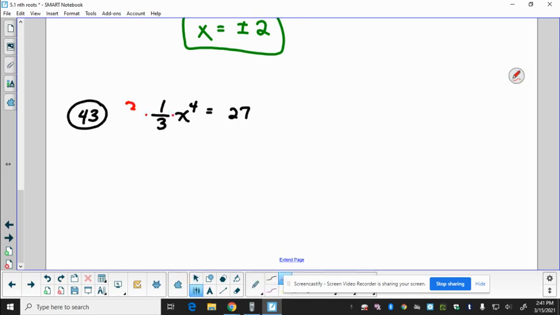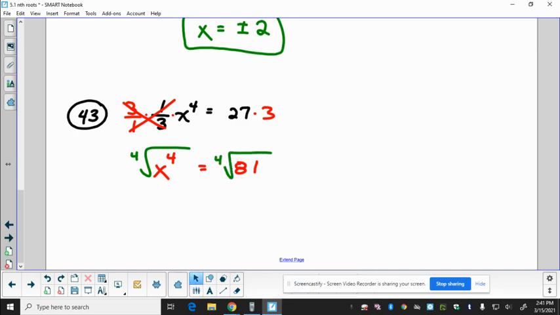What I would do is take its reciprocal, which is 3, and now let's get rid of the exponent by doing a fourth root. Okay, it's an even root. See that? Requires a plus and minus when you solve equations. And that's going to be 3.